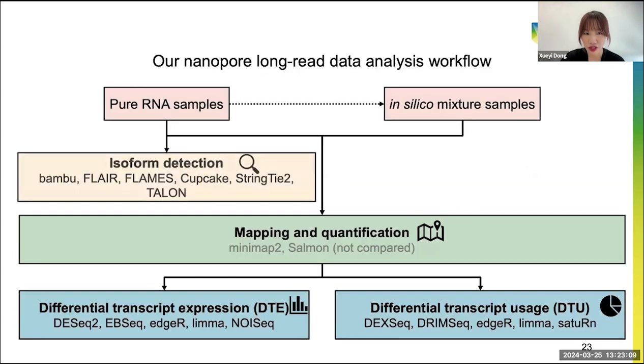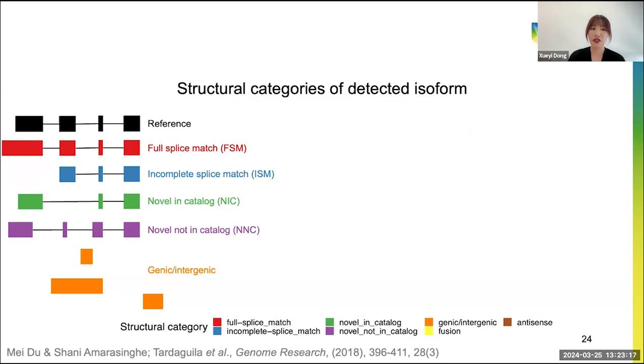And then let's look at the isoform detection analysis results. Firstly, we looked at the structural category of the isoforms detected by each method. Here we compare the isoforms we detected to the reference.